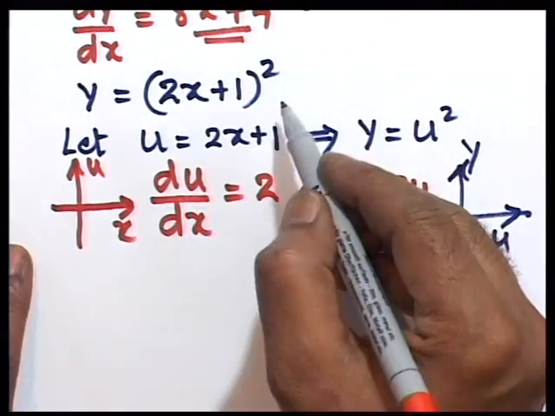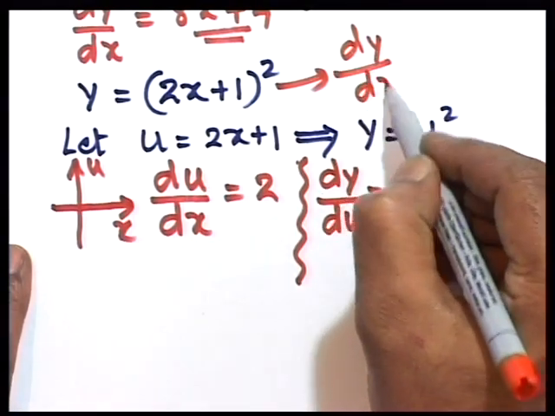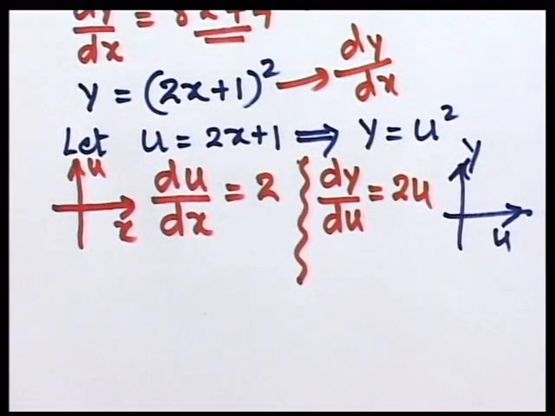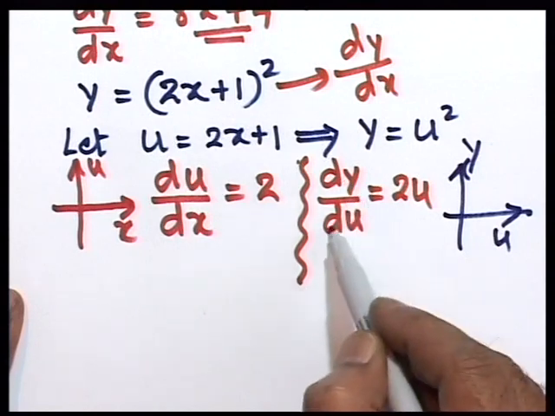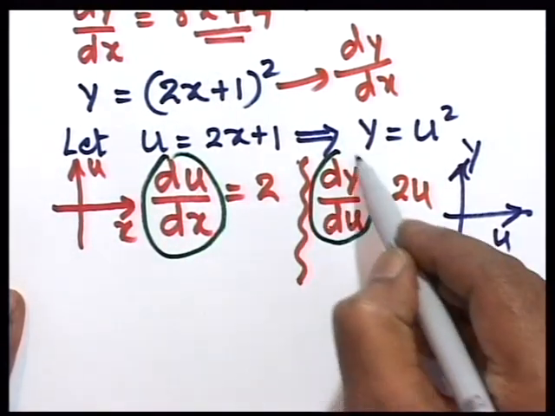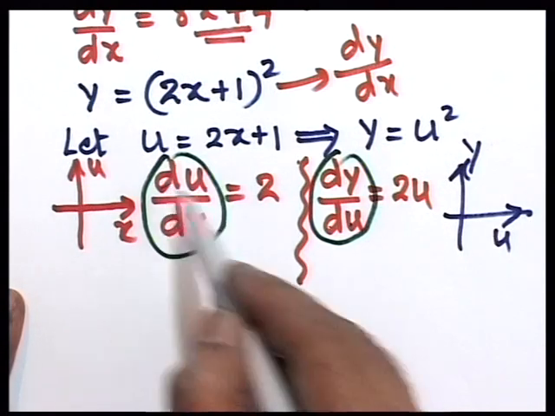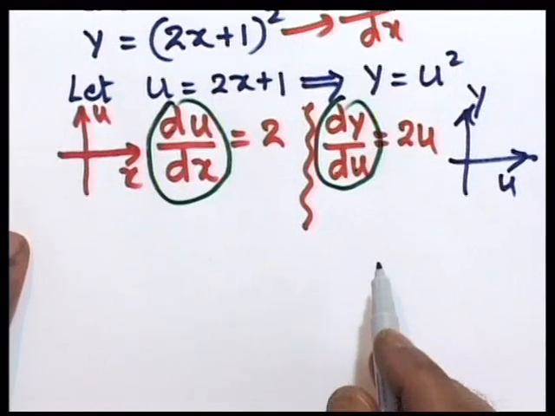Our aim is to find dy/dx. That's what we actually need. So I have du/dx and dy/du. If I multiply those two, do you agree the du and du cancel out, and we get dy/dx. So that's the plan.